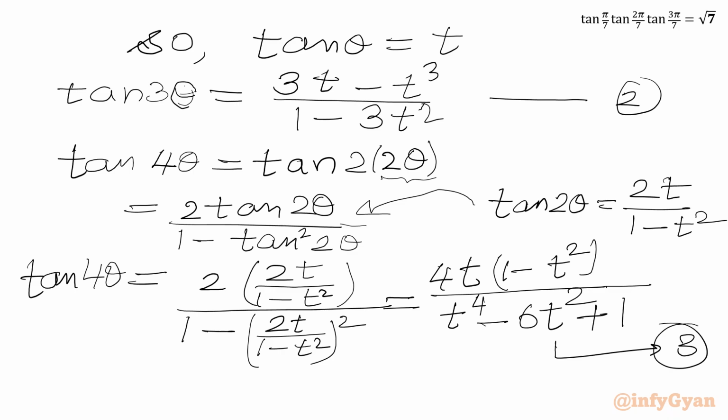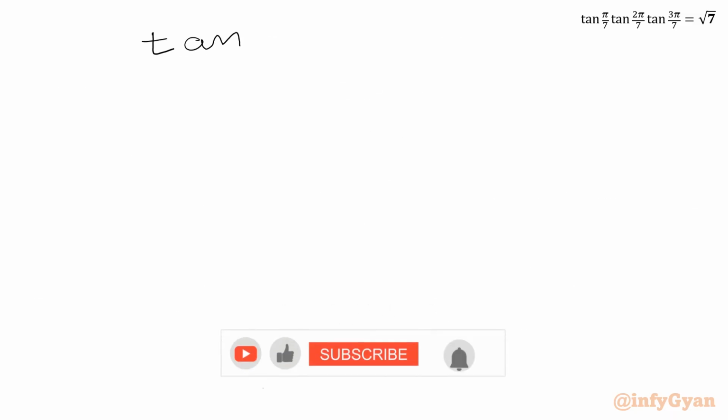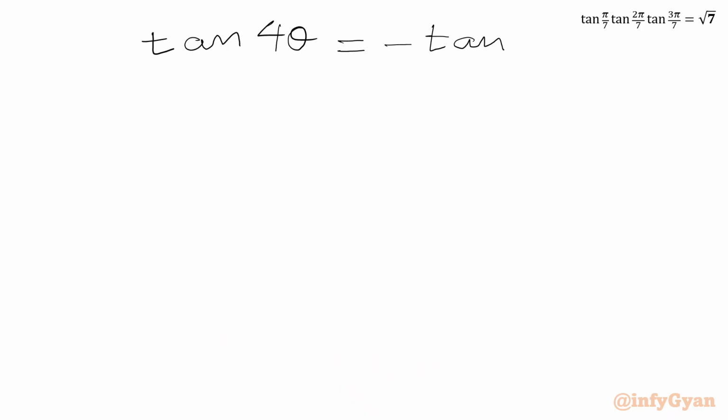Now we will use equation 1, equation 2 and equation 3. So I can write equation 1 first: tan of 4 theta equal to minus tan of 3 theta. Now we have to apply both the values.